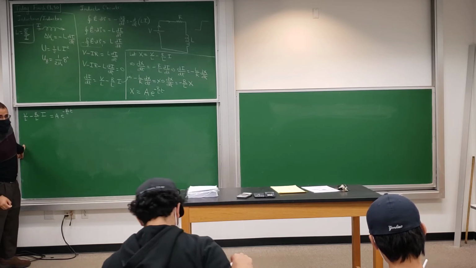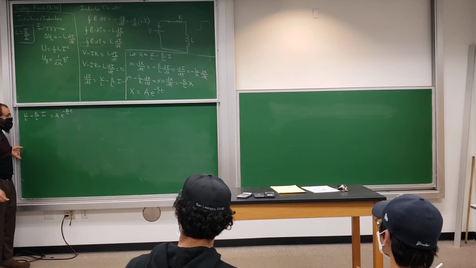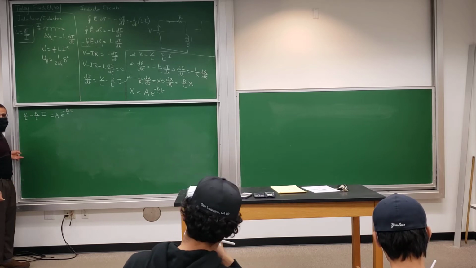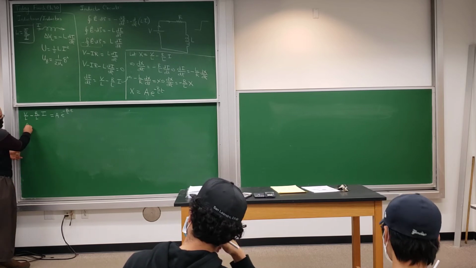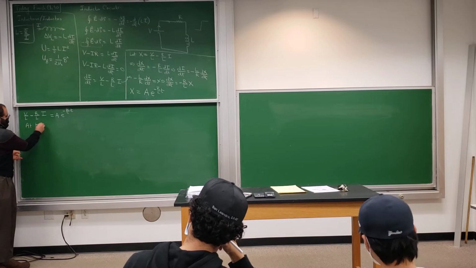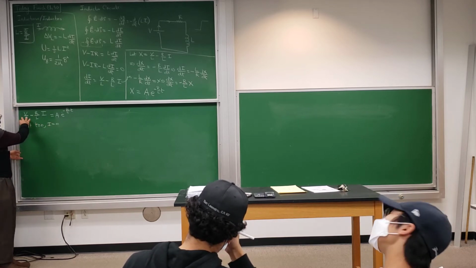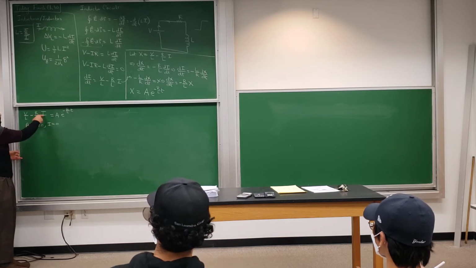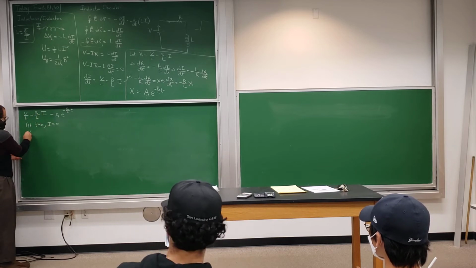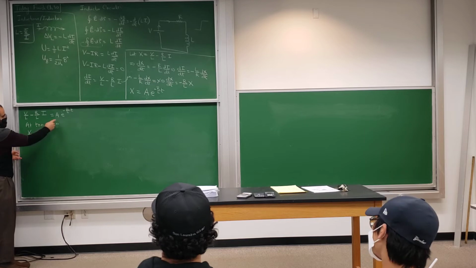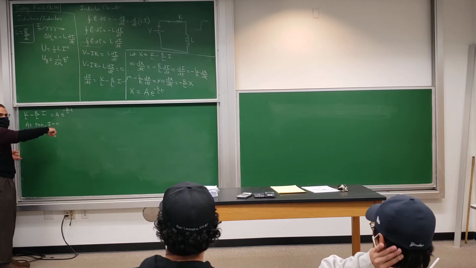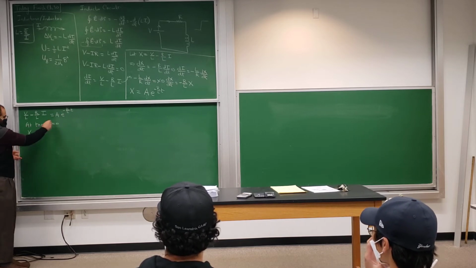Okay. So now let's use our initial condition. What did we say? At t equal to 0, what's the current? 0. So at t equal to 0, I has to be 0. Plug in 0 for t. So the current is 0, so you get V over L equals, what is e to the 0? 1, so you just have A, right?